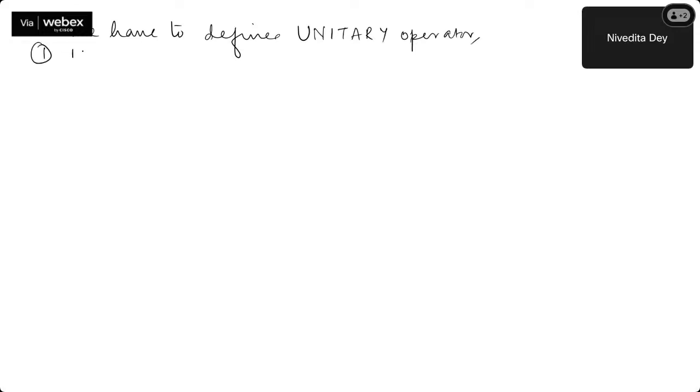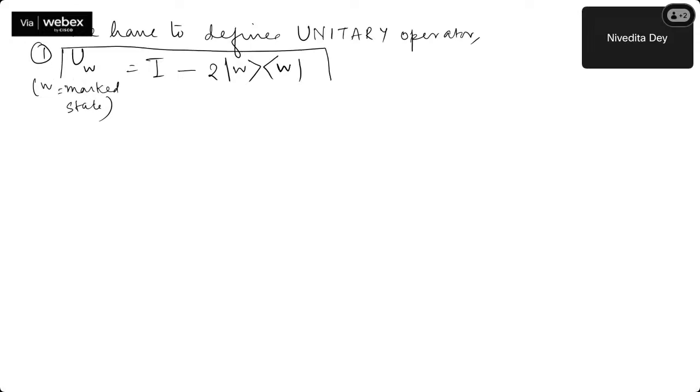Say the first operator is UW. W is for the mark state, always remember, and U stands for unitary. W is a mark state. Which is nothing but identity minus 2 times ket W bra W. So this is the first expression. This is one operator itself.